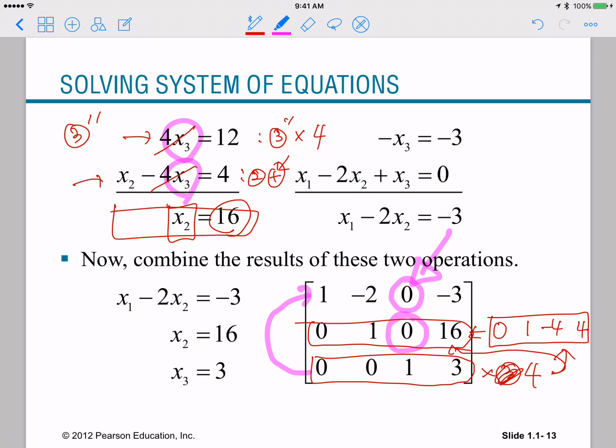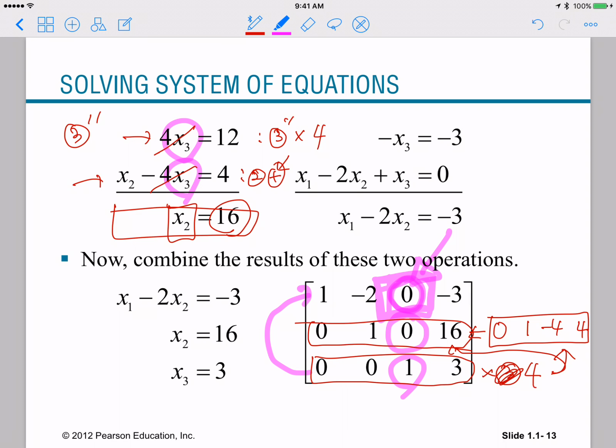So that way, in this matrix representation, we changed the corresponding weight value or coefficient value for this x3 to 0.